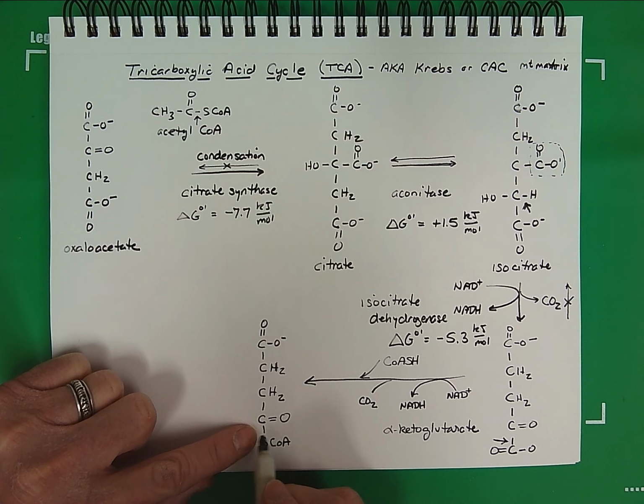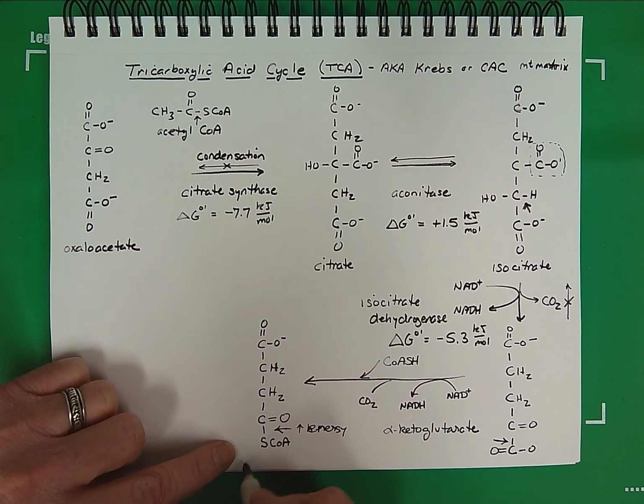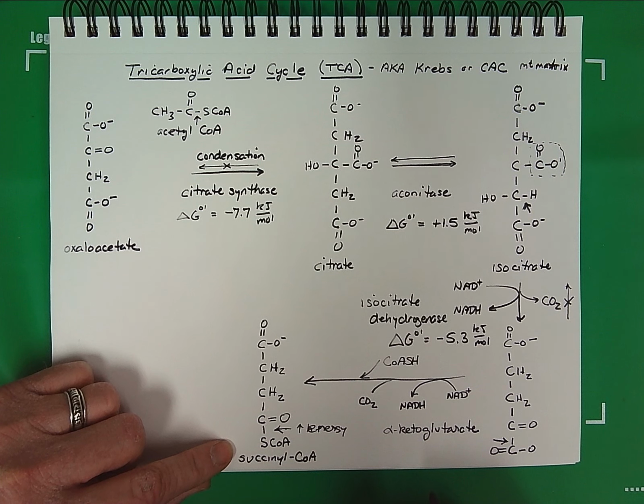Now recall, this being a thiol group, carbonyl bound to sulfur, this is a high energy group. It's a high energy bond. This is called succinyl coenzyme A, or succinyl-CoA for short.